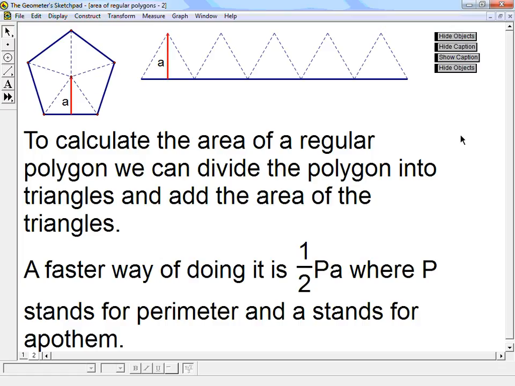So to calculate the area of a regular polygon, we can divide the polygon into triangles and add the area of the triangles. That's one way we can do it. But a faster way of doing it is 1/2 times P times A, where P stands for perimeter and A stands for apothem.